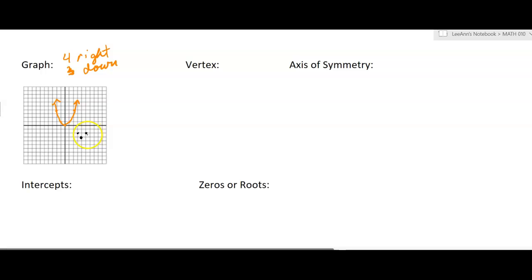And then I think about 2, 4, so 2 over, 1, 2, 3, 4 up. So it's like I'm shifting the axis. It makes it a lot easier to graph these rather than going through a whole table of values. It's back to the idea of transformations. Okay, so there's our very imperfect parabola that we're going to talk about.